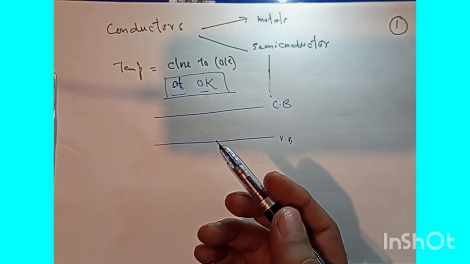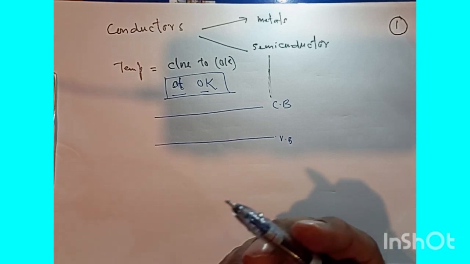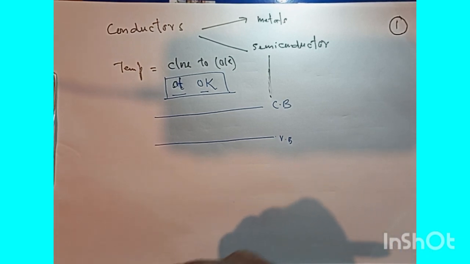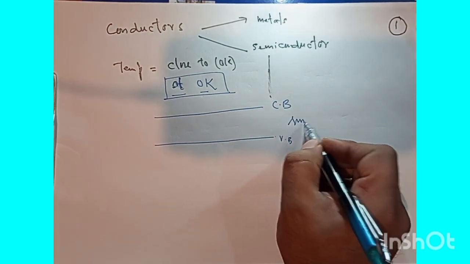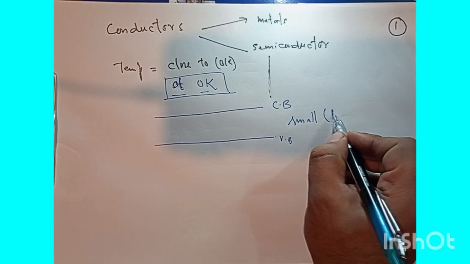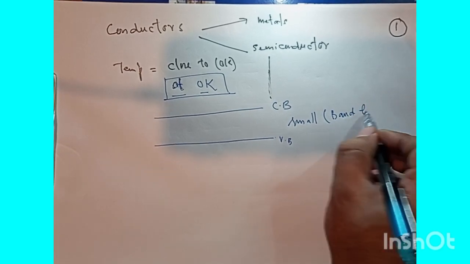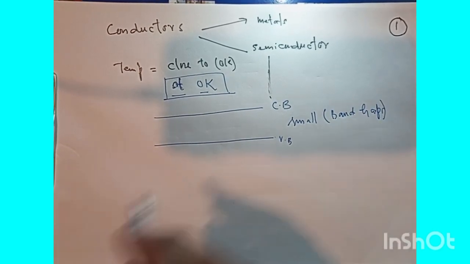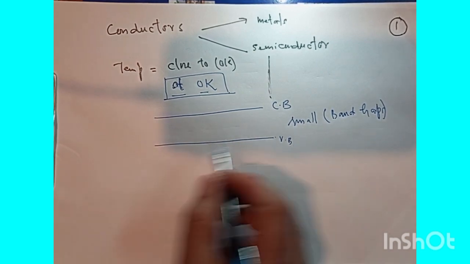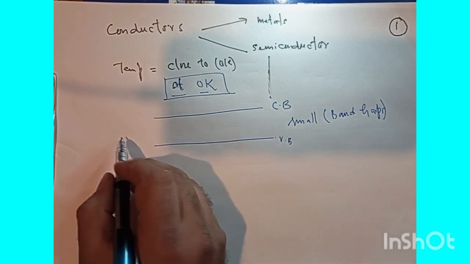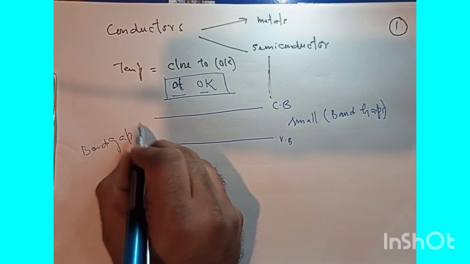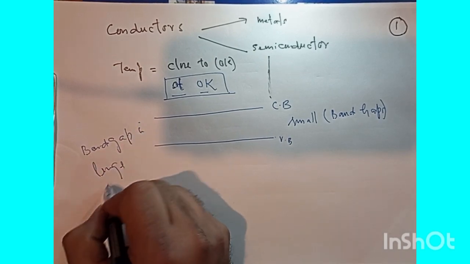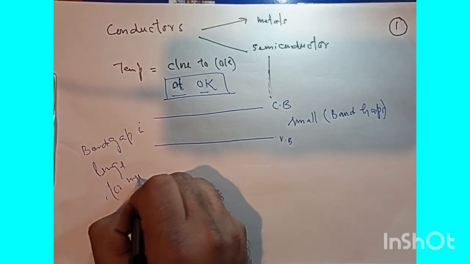Semiconductors have small band gaps, and in insulators the band gap is large.